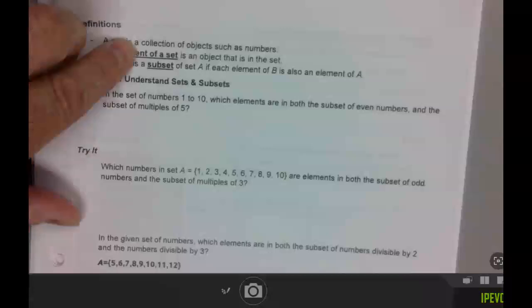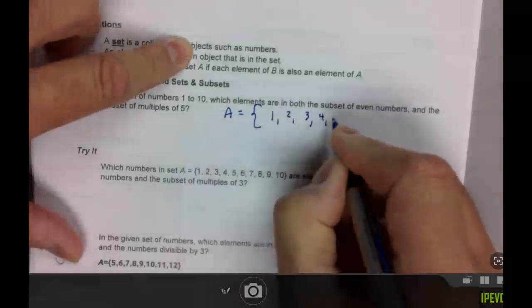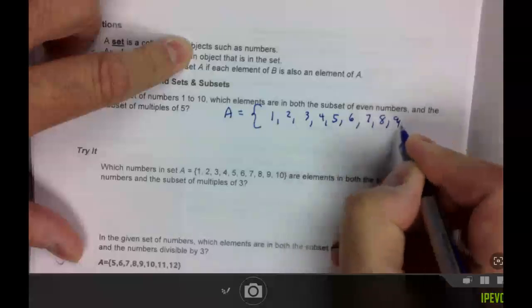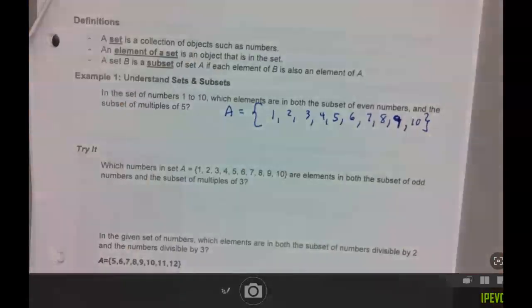Is a set of numbers 1 to 10. So let's let set A be all the numbers 1 through 10, okay? 1, 2, 3, 4, 5, 6, 7, 8, 9, 10. That's set A.